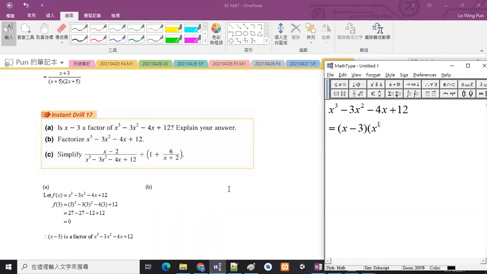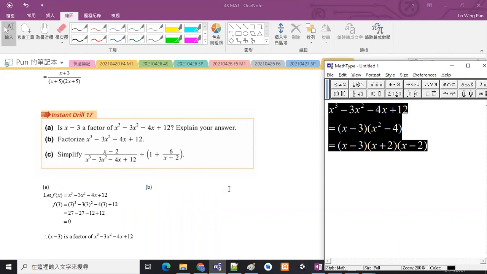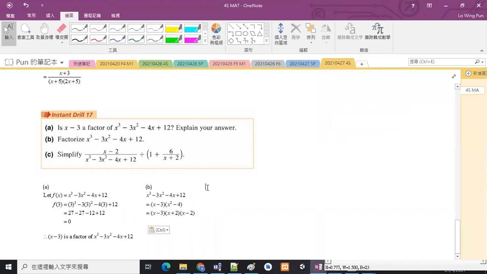I think it should be equal to this, just like this, right? And we have to further factorize x squared minus 4 because it can be further factorized. So it is x plus 2 times x minus 2. So that is the answer of part B.